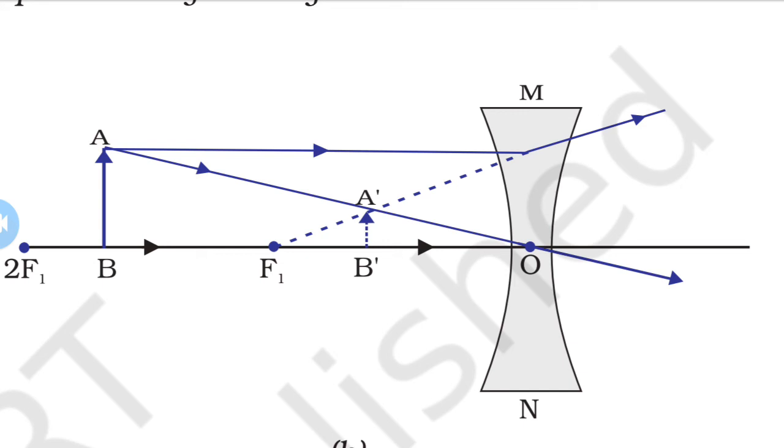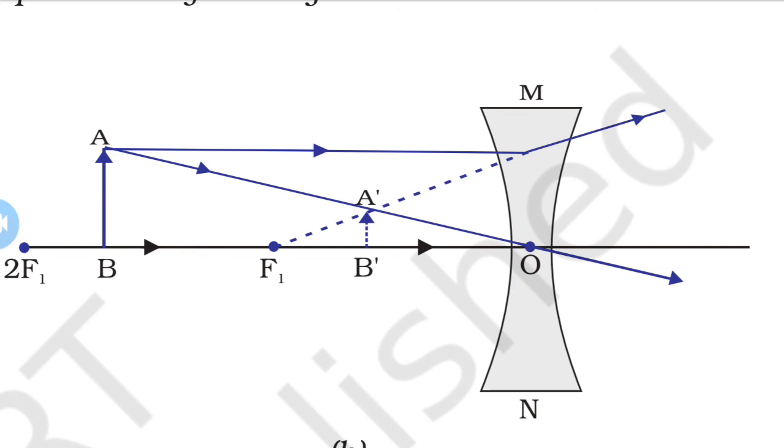Then next figure, a ray diagram showing the position, nature and size of the image of an object placed anywhere between the optical center of the concave lens and infinity. So here the position of the object is between the optical center O and infinity. The position of the image is on the same side of the object, between the optical center O and the principal focus F1.